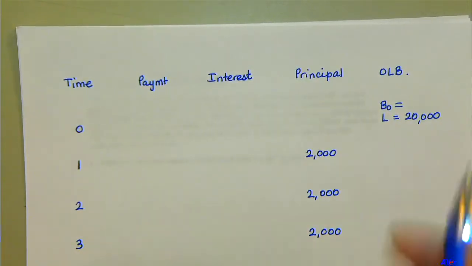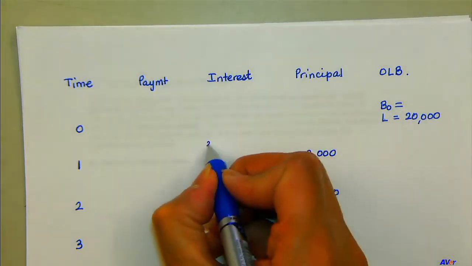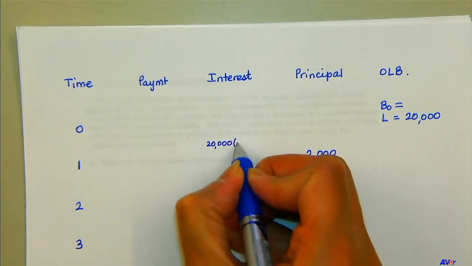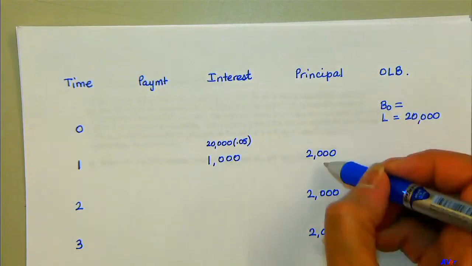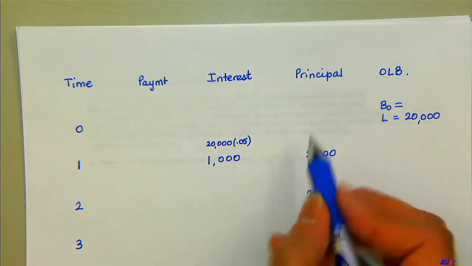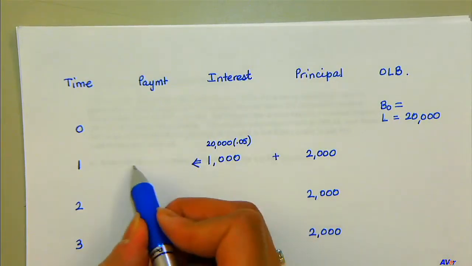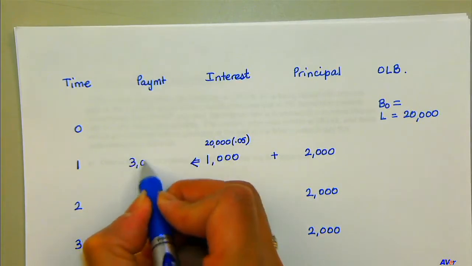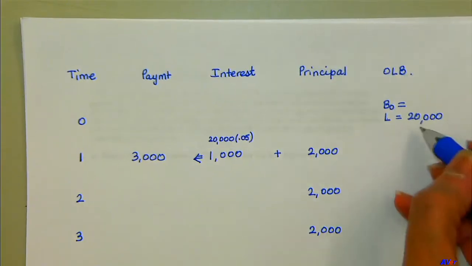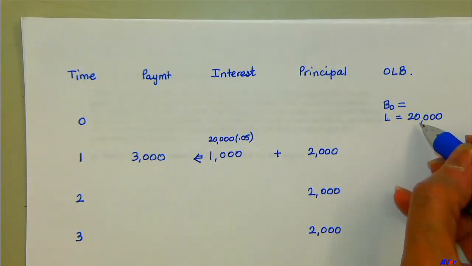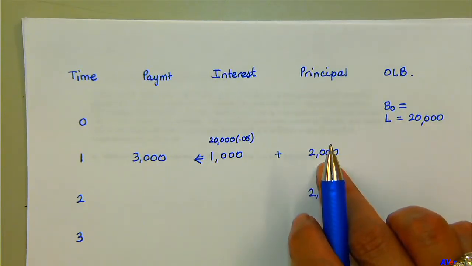So since the interest rate is 5%, I will take 20,000 times 5% and put it here. 20,000 times 0.05 gives me $1,000. And they gave me the principal this time. So 2,000 plus 1,000, go backwards and create the payment, $3,000. That's the first payment. And then because the OLB here was 20,000, the next OLB will be this 20,000 minus the principal of 2,000 that was paid.